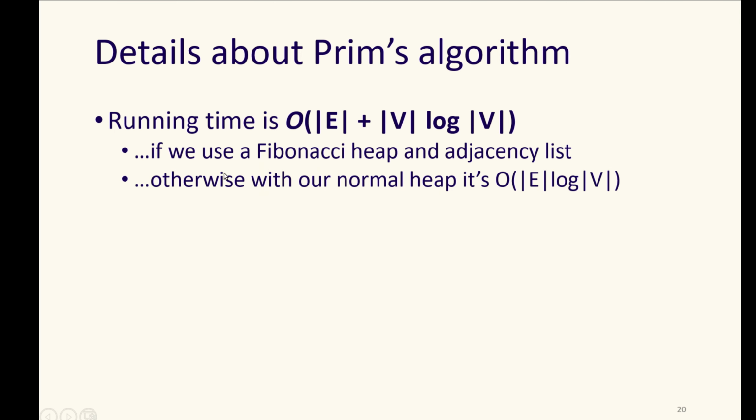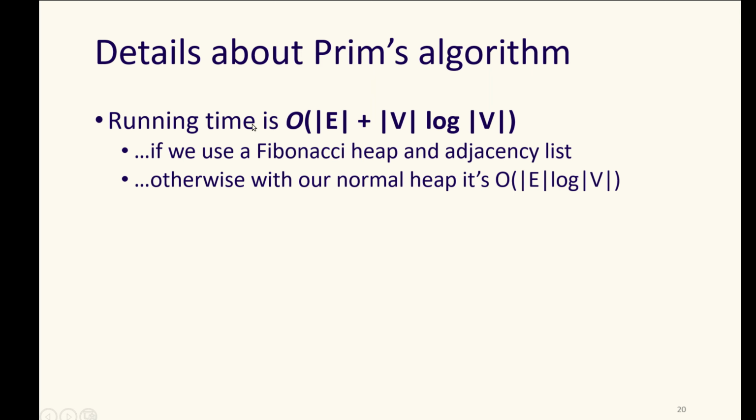The details of Prim's algorithm are that its running time is O of the cardinality of edges plus the cardinality of vertices times log cardinality of vertices. So it's essentially V log V, where V is the number of vertices. If we use a particular type of heap called a Fibonacci heap and an adjacency list, then we can achieve this kind of speed.